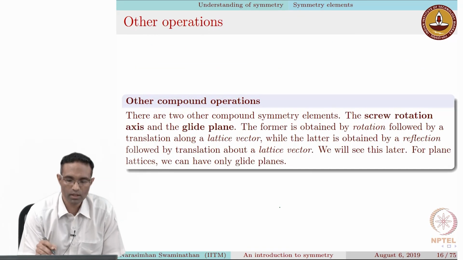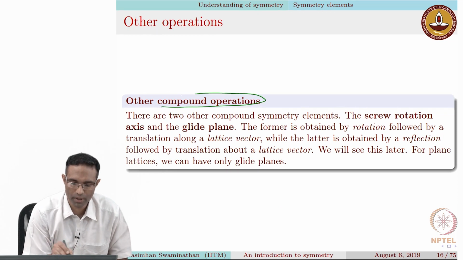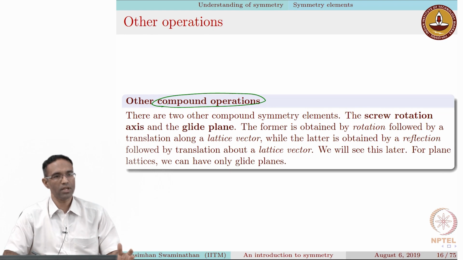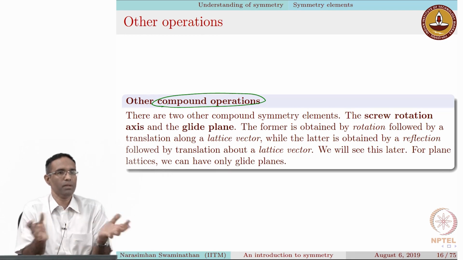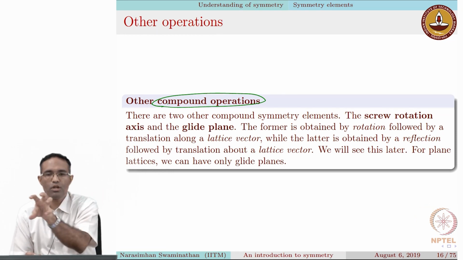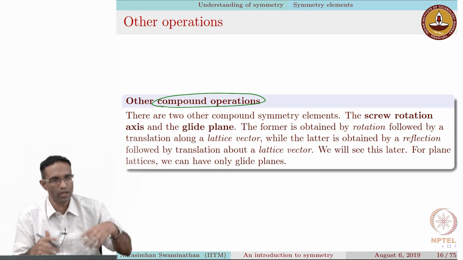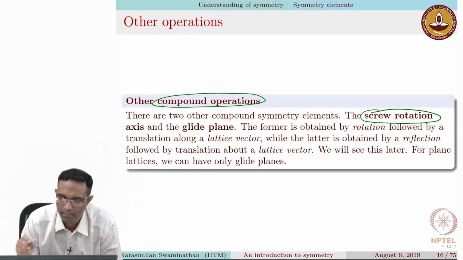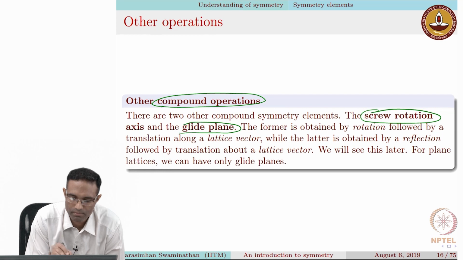Okay, we will do that also. So there are other operations like I just mentioned. These operations are essentially translations. There are two kinds of translations other than the basic translation that we just looked at, simply taking a unit cell and continuously moving it about the lattice vectors. In addition to that, we can have what is referred to as a screw rotation and a glide plane.